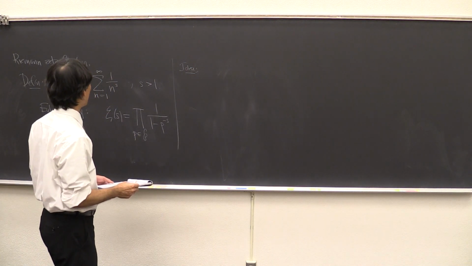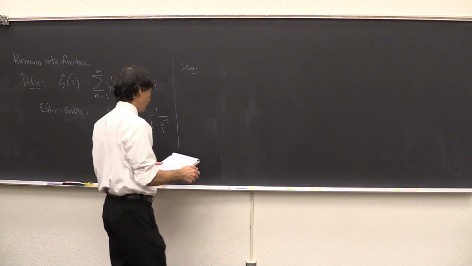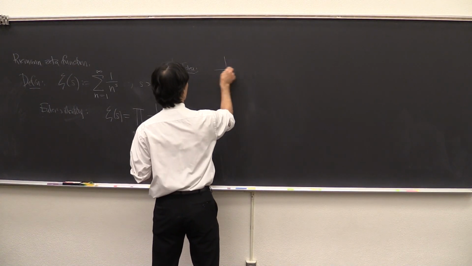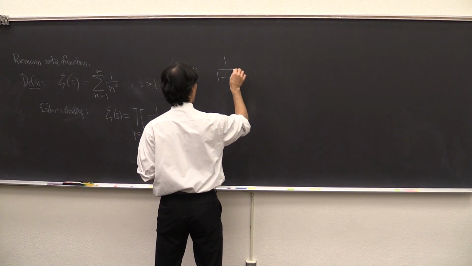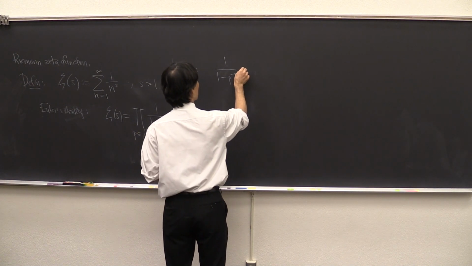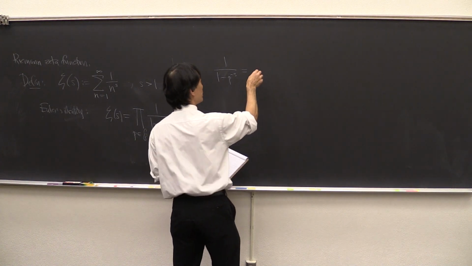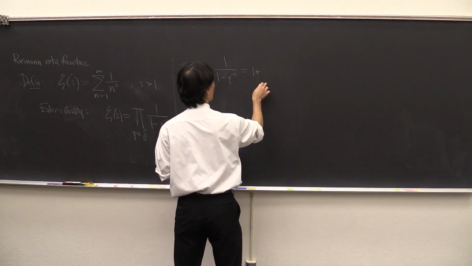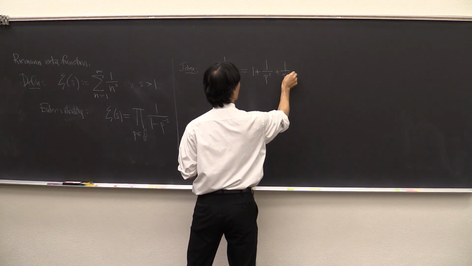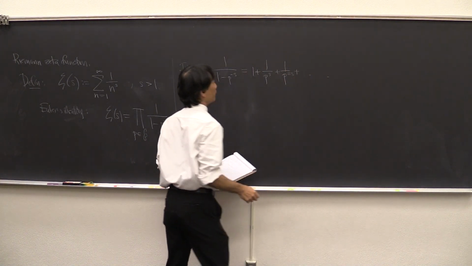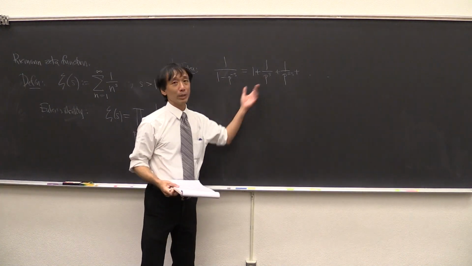You say, well, look, if you look at these factors, 1 over 1 minus p to the negative s, well, that's a geometric series, right? It's the sum of a geometric series.